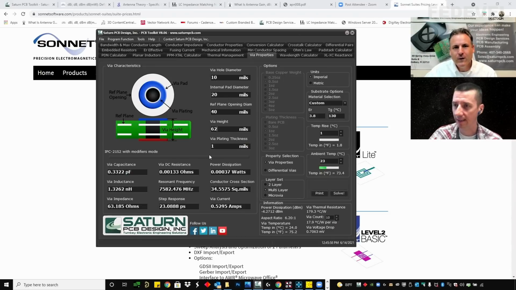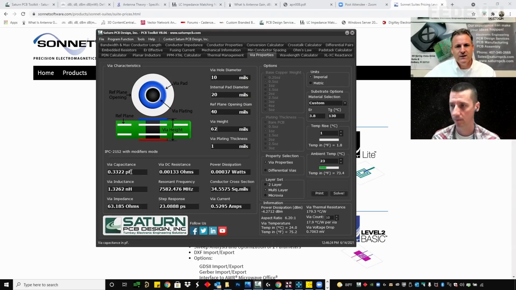But some of the other parameters, they are there only for capacitance and inductance, yeah? Like reference plane opening, diameter. Correct, yeah. The via capacitance is a function of the gap in the reference plane to the via, or I'm sorry, to the inner pad. If you don't have an inner pad, it's not going to work.